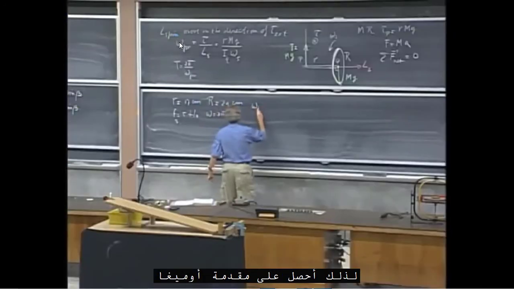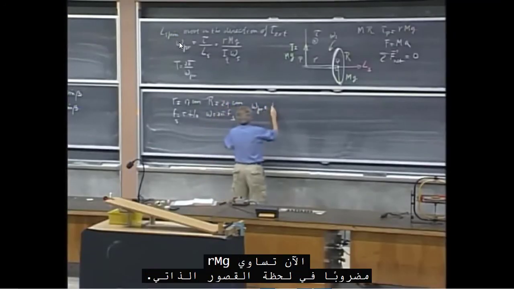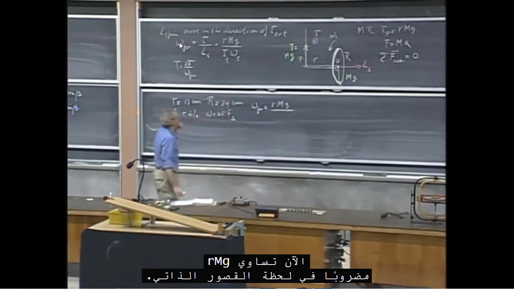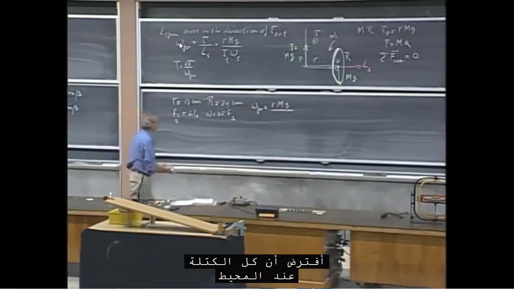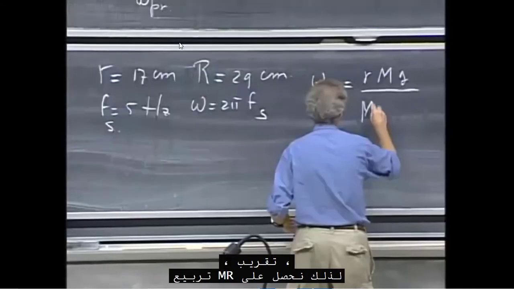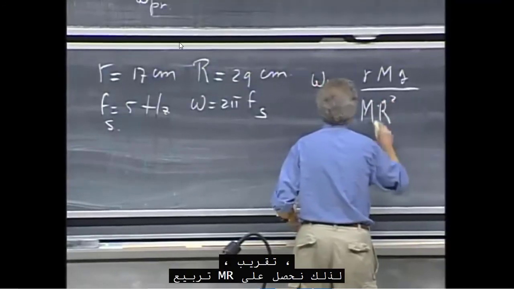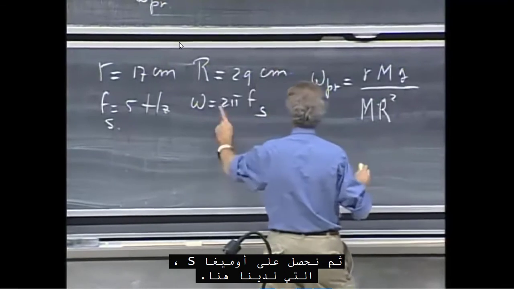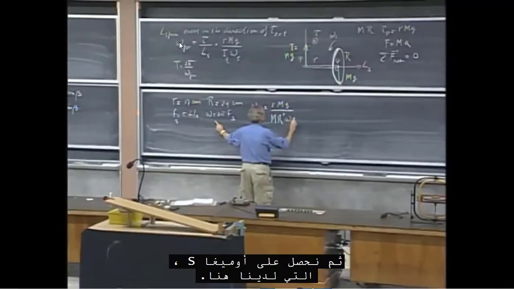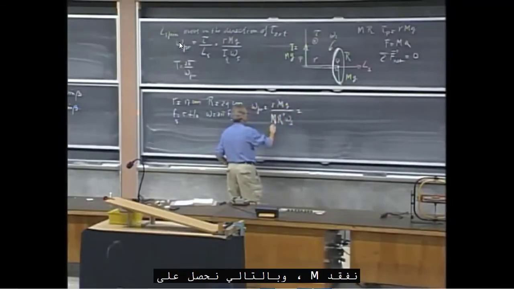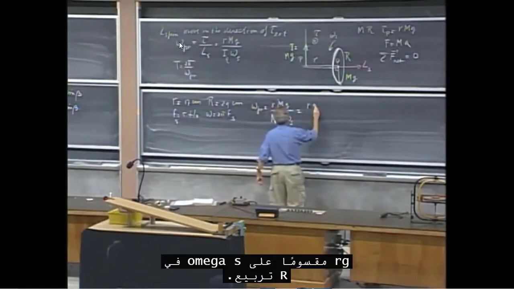So I get that omega precession now equals rmg times the moment of inertia. I assume that all the mass is at the circumference. It's an approximation, so we get mr squared, and then we get omega s, which we have here. We lose the m, and so we get rg divided by omega s times r squared.